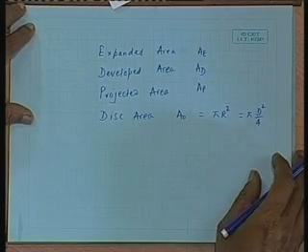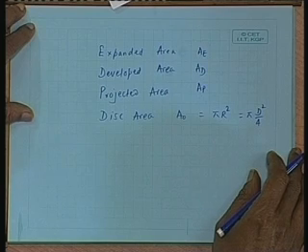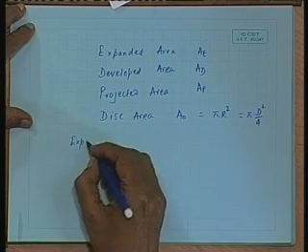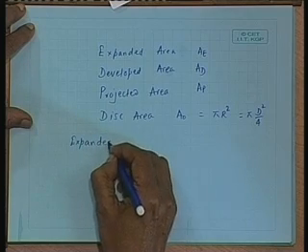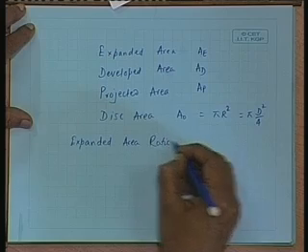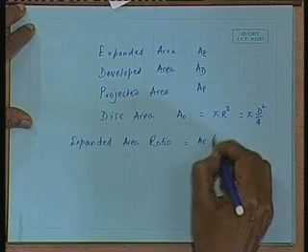So, non-dimensionalizing this, we have 3 area ratios, that is expanded area ratio, which is equal to AE by A0.